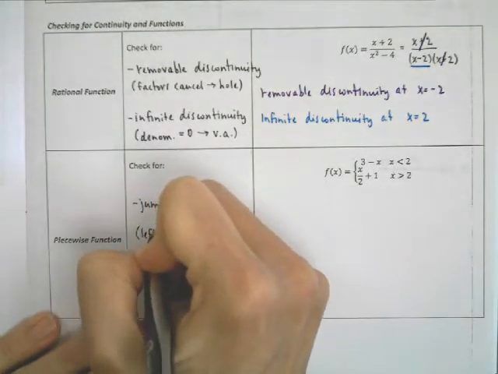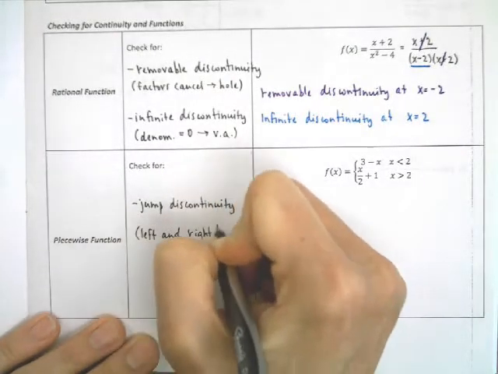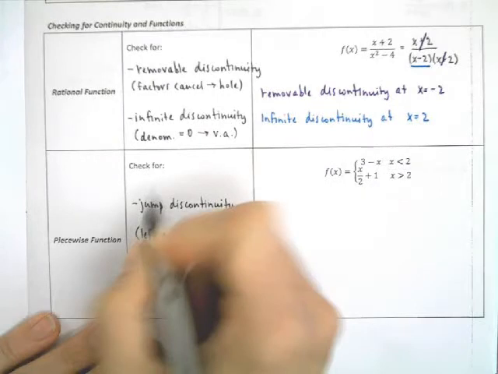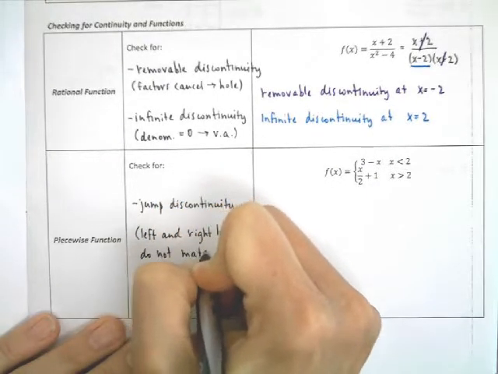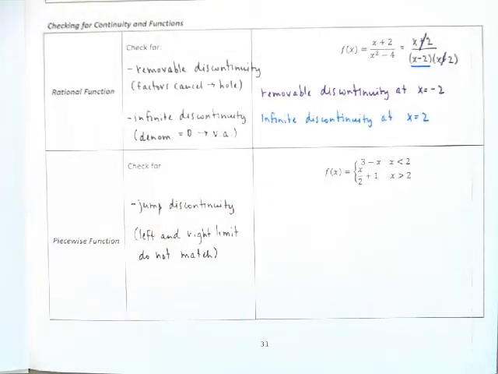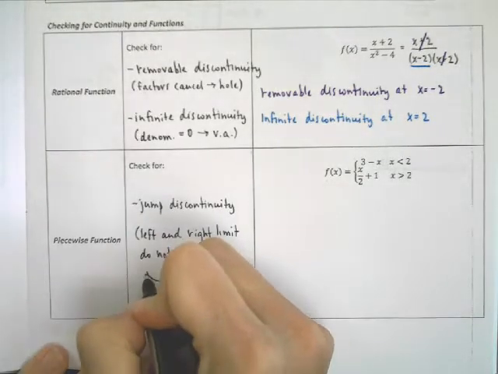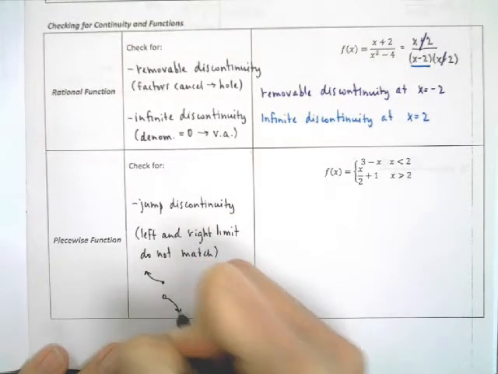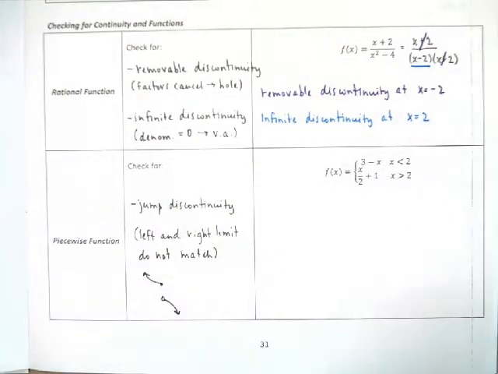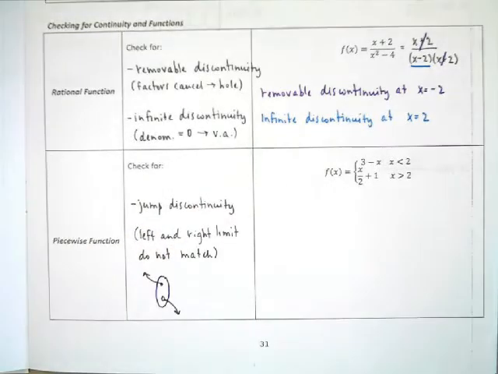The left and right limits do not match. And so again, we would be looking at something like maybe I have a function that does this. Something like that. So obviously at this point here is where we have our jump discontinuity.